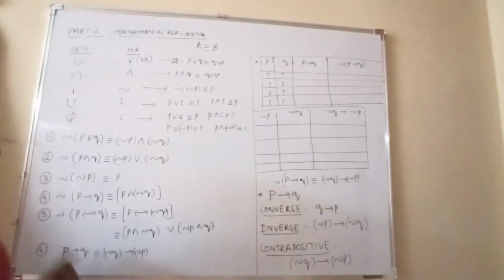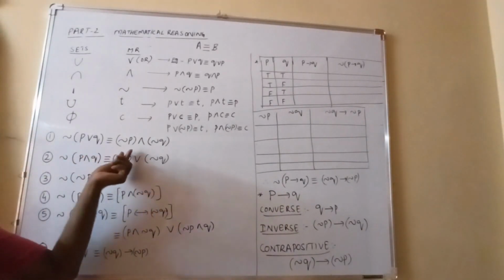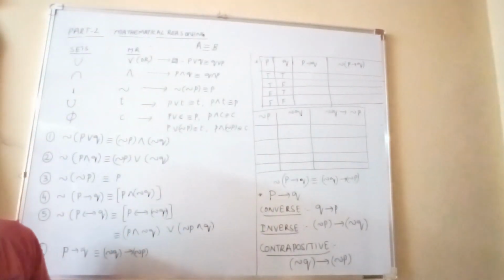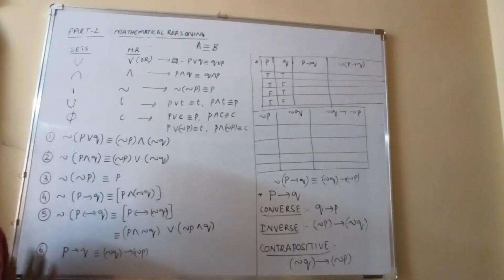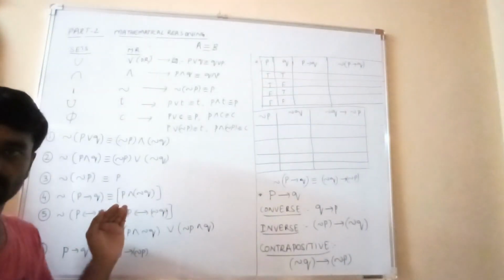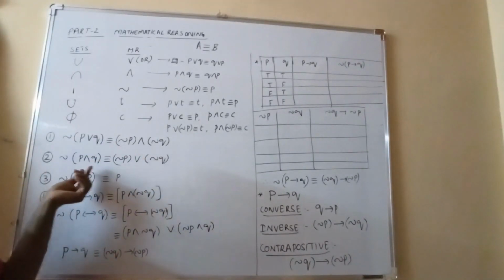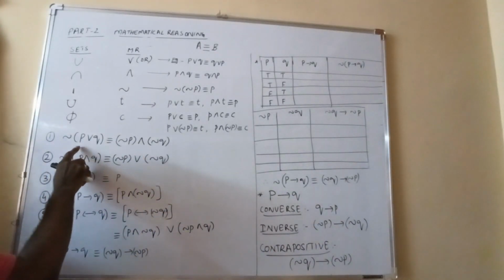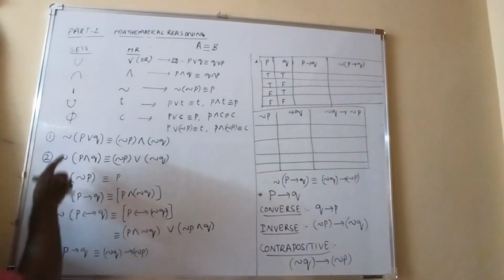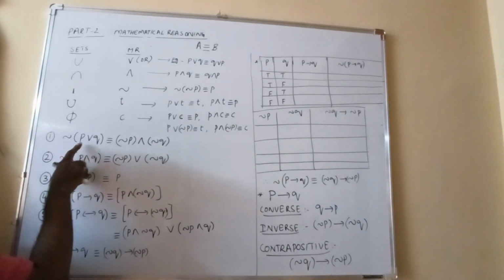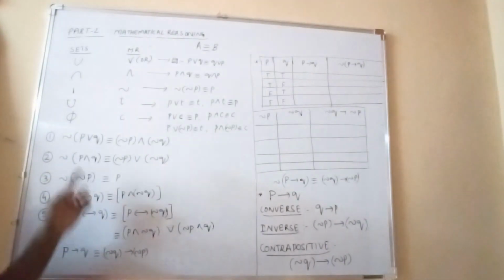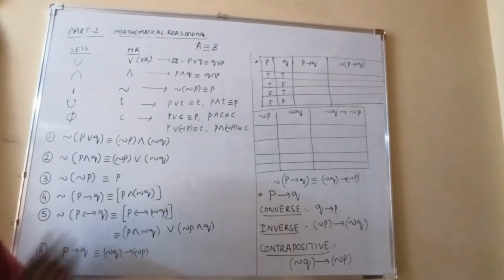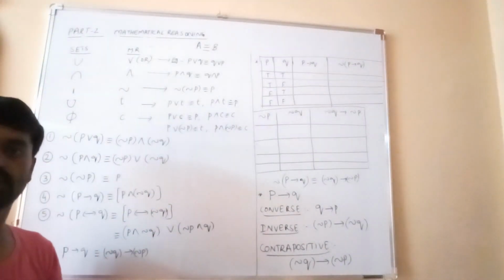So negation of P or Q is negation P and negation Q. Just remember, when you apply negation, OR becomes AND and AND becomes OR. If negation P is there, it becomes negation of negation P, which is nothing but P. So negation of P or Q is negation P and negation Q.